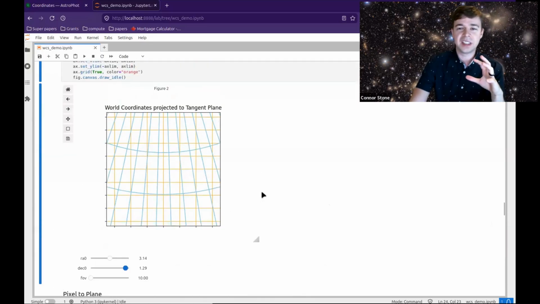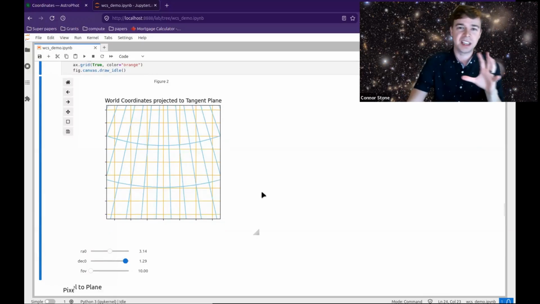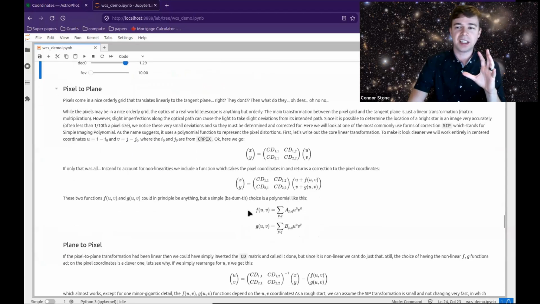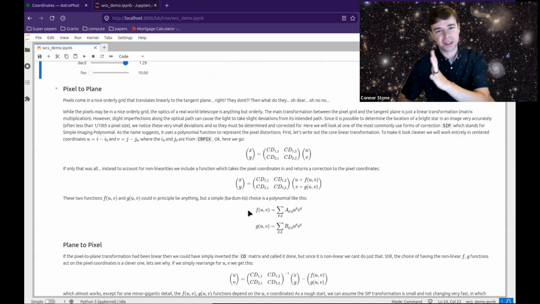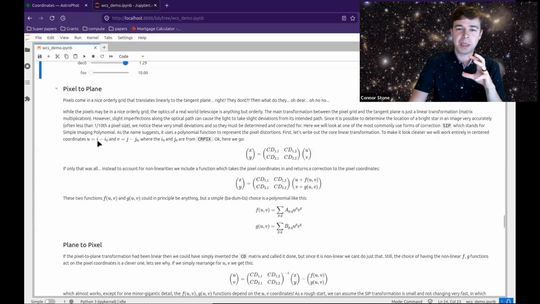Next, so that's the transformation between the celestial sphere and the tangent plane. Next, let's take a look at the connection between the pixels and the tangent plane. The simplest transformation between the pixels and the tangent plane is with one of these CD matrices. So you have your pixel coordinates, U and V. I'm using U and V because I've basically just subtracted out CRPIX from the IJ coordinates.